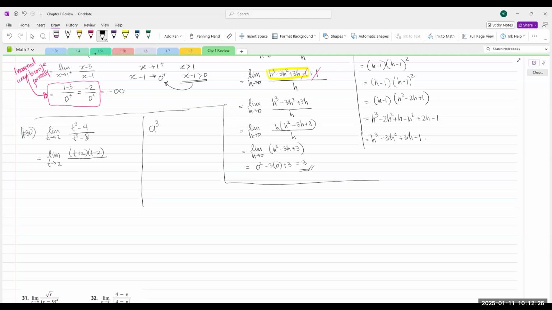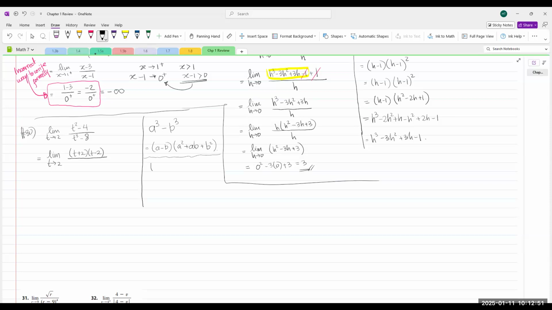A cubed minus b cubed, when we factor it, is (a minus b)(a squared plus ab plus b squared). You learned that in Algebra 1, Algebra 2, and it is supposed to be also in college algebra or pre-calculus. I know some students don't remember that, that's why I remind you.